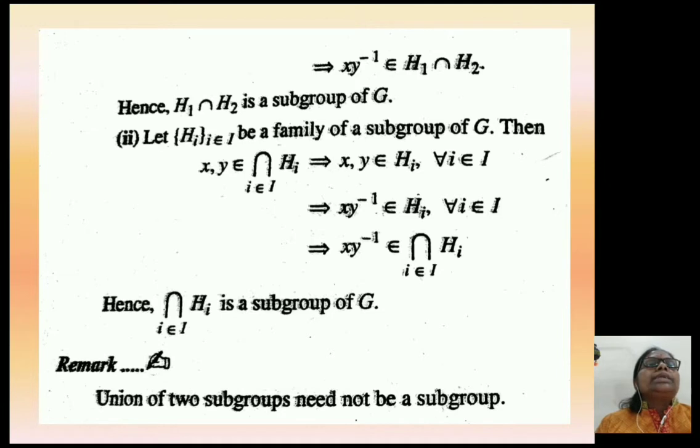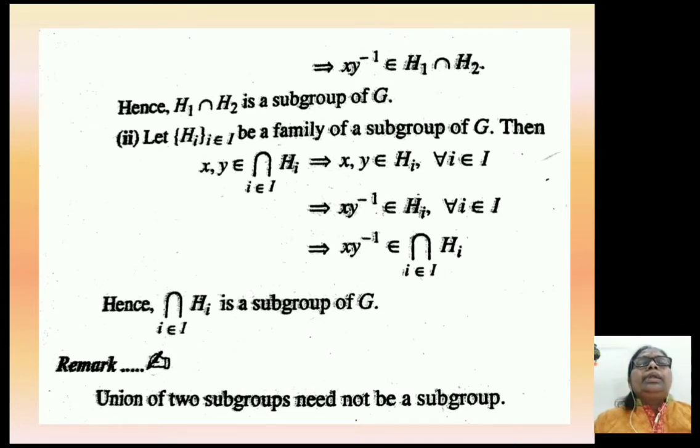This implies xy inverse belongs to the intersection of Hi, i belongs to I. Hence, the intersection of Hi, i belongs to I, is a subgroup of group G. Thus, we have proved the theorem.